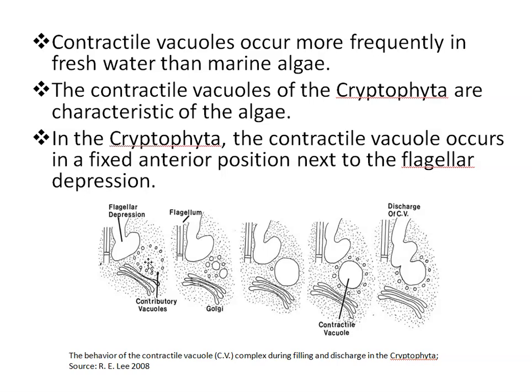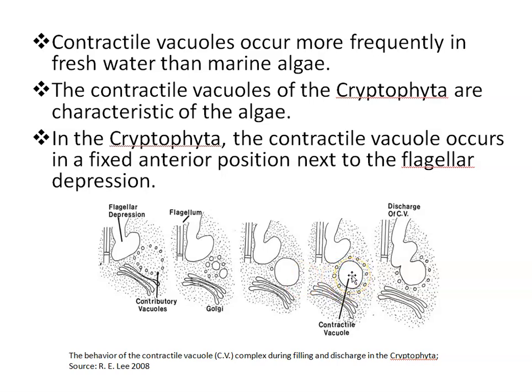Then these vacuoles fuse to form a large irregular vacuole, which subsequently rounds up. The contributory vacuoles destined to form the next contractile vacuole now appear around the plasma membrane of the flagellar pocket, and you can see here this is the contractile vacuole.